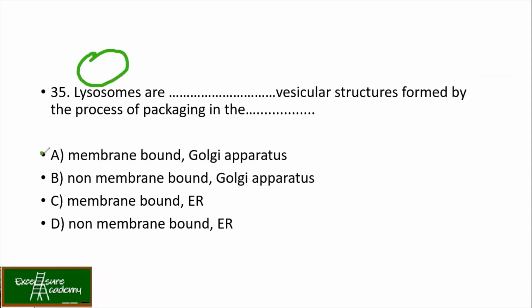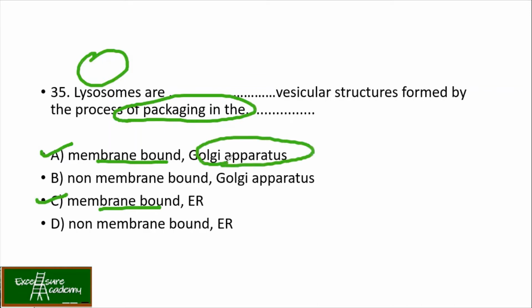So we have got two options, membrane bound. Then they are formed by the process of packaging in the dash. So this packaging of enzymes, the hydrolytic enzymes which are present in the lysosomes, actually get packaged at the Golgi apparatus.